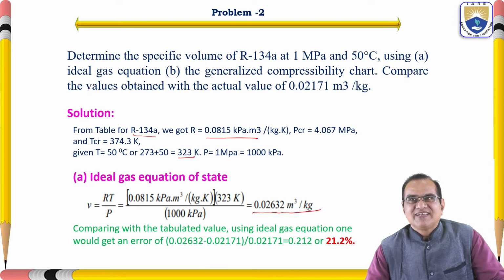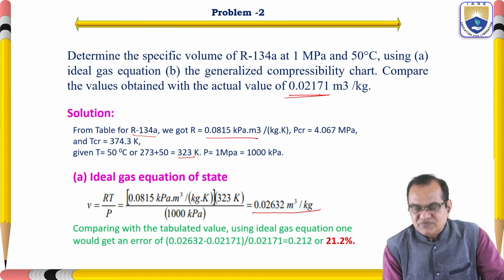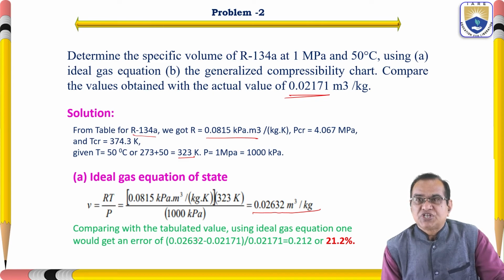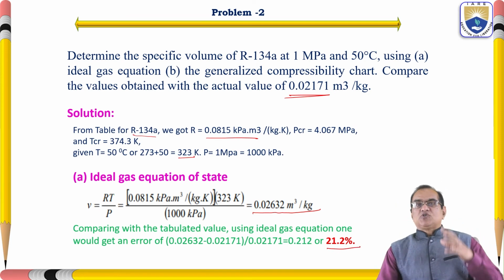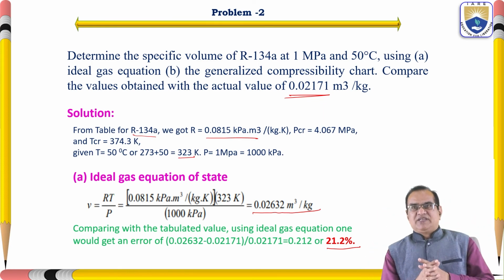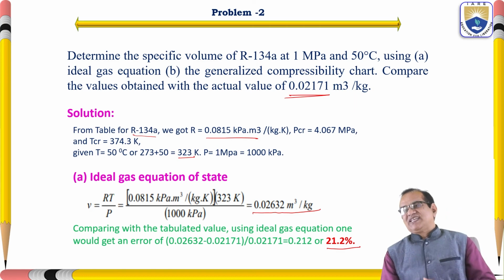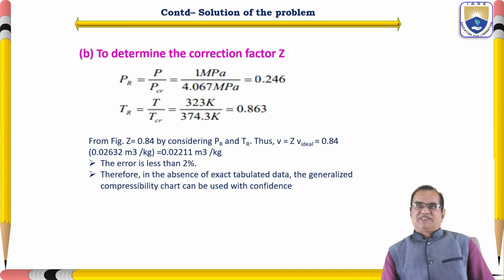We got 0.02632 here, minus 0.02171, divided by 0.02171. So we will get 0.212, or 21.2% error. For this equation, compared with what we got from actual measurement, there is a 21.2% error which we can experience.